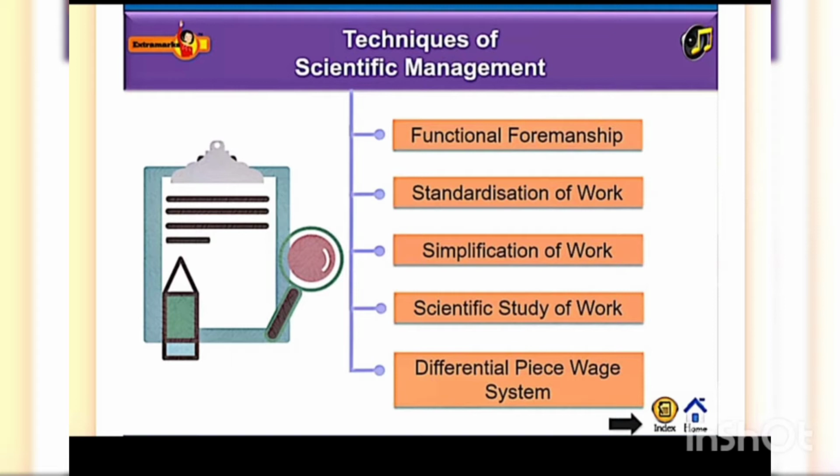The disciplinarian ensures discipline. Moving on towards the speed boss, his responsibility is to check the time and accuracy of the completion of the job. The gang boss keeps the machines and tools ready for operations by the workers.